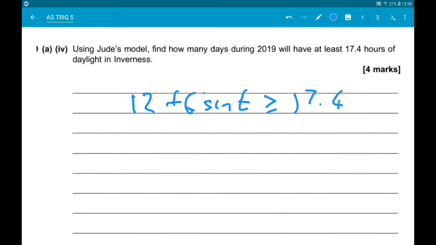Now if we take 12, we get 5.4. Divide that by 6, we want sin t greater than or equal to 0.9.